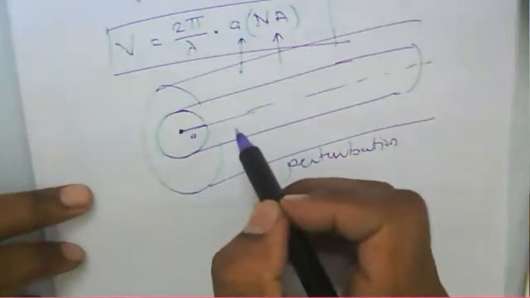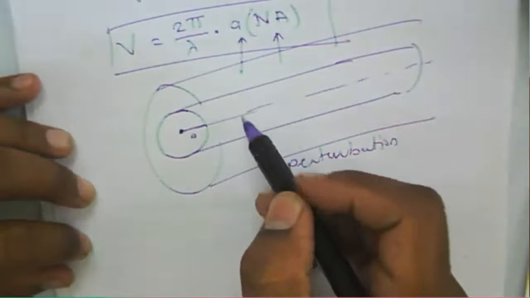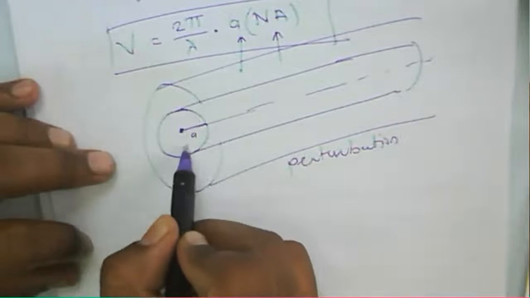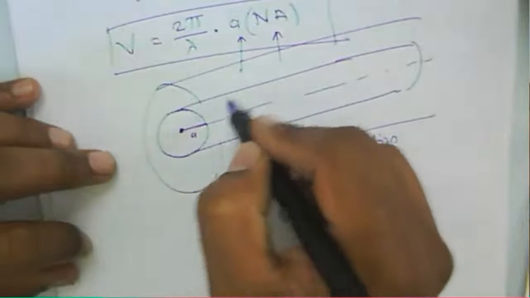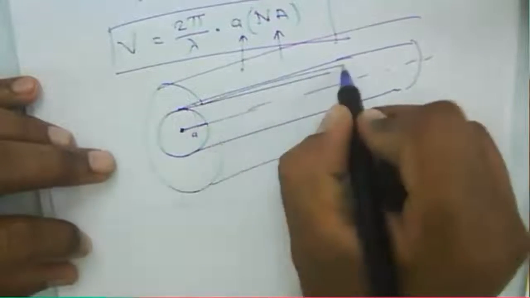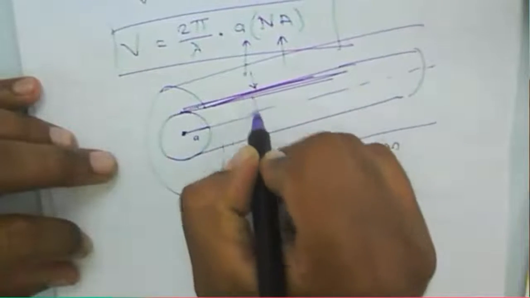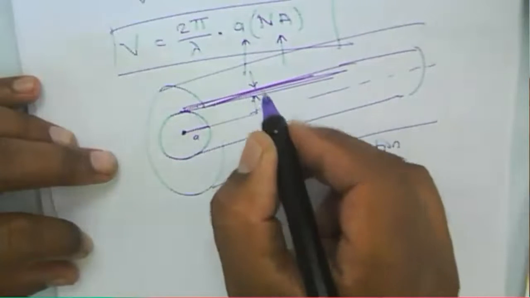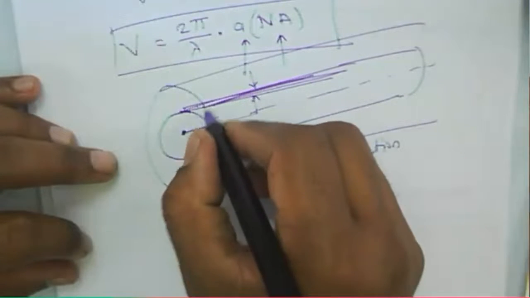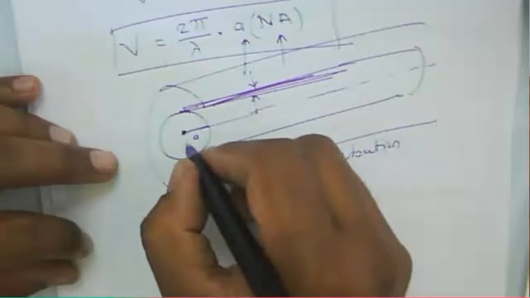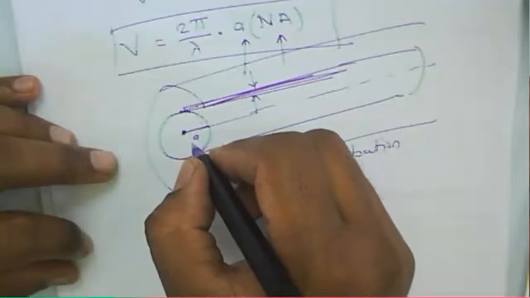Because of the deviation in the fiber axis, or variation in the core diameter, or there will be irregularities in the core and cladding boundaries, at this interface between core and cladding, or there may be a variation in the refractive index constant in the core.